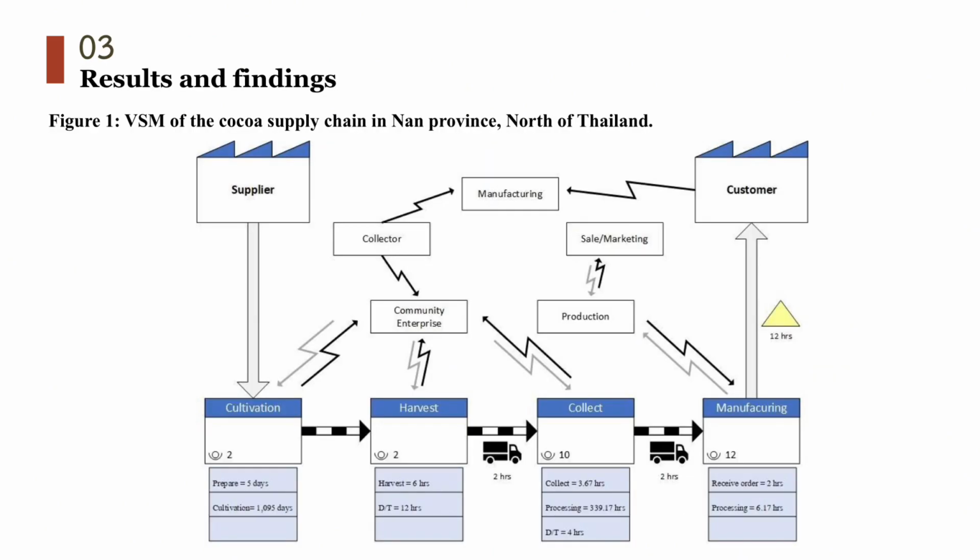And that is the results and findings. Figure 1 shows the VSM of the cocoa supply chain in Nan province, north of Thailand. It shows how the cocoa process goes from the supplier to the customer.